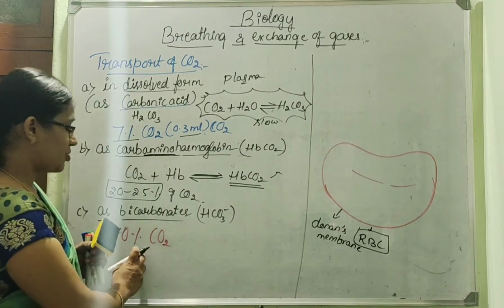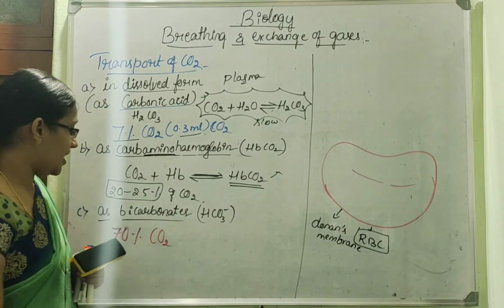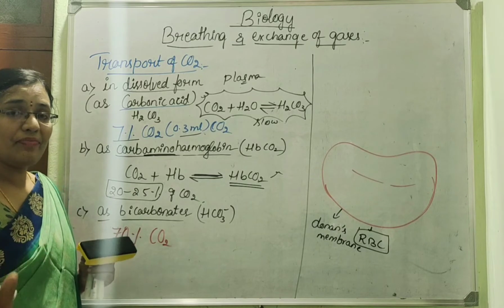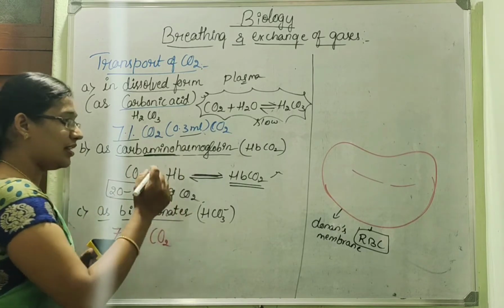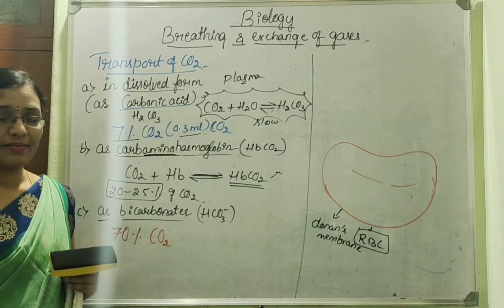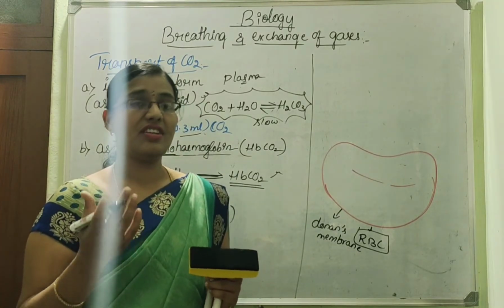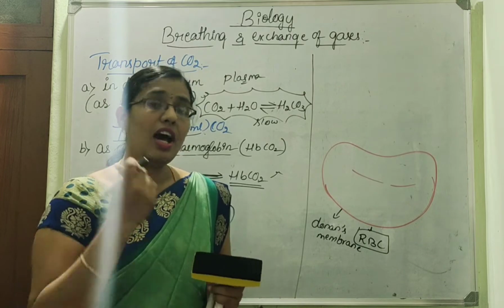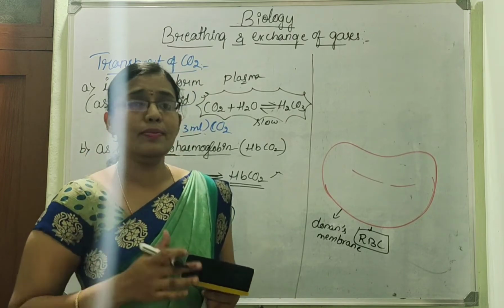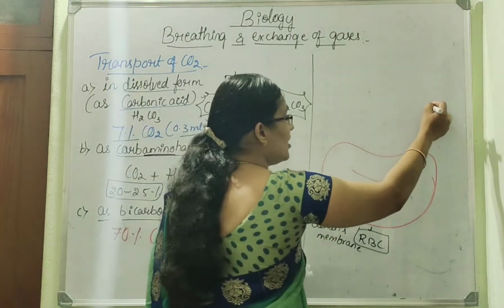See, I told you about 70% of carbon dioxide is transported from the tissues to the alveoli in the form of bicarbonates. Due to the catabolic reactions, carbon dioxide is released in the tissues, and now it diffuses into the plasma.